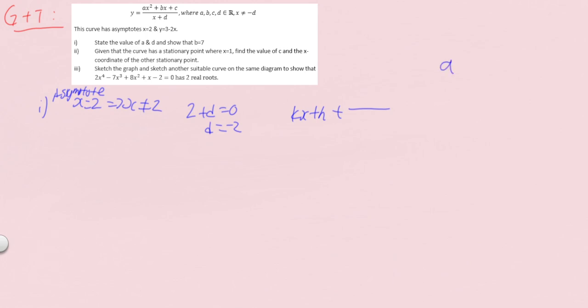Because if you do your long division, ax squared plus bx plus c, this time around divided by x minus 2 because we have the value of d, you notice that the first one's going to be ax, right? And ax will correspond with the minus 2. As such, we can easily say that a equals minus 2.